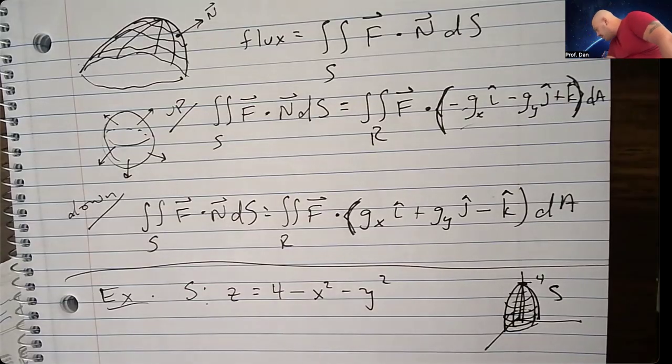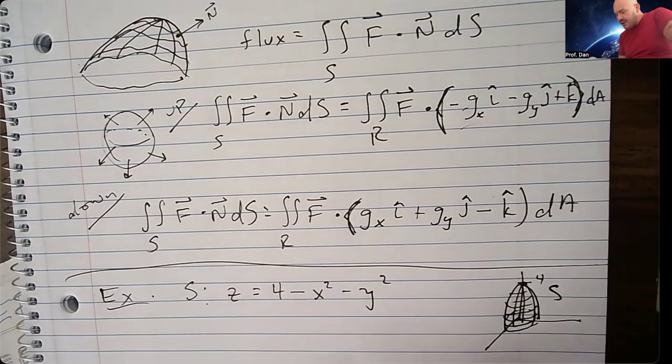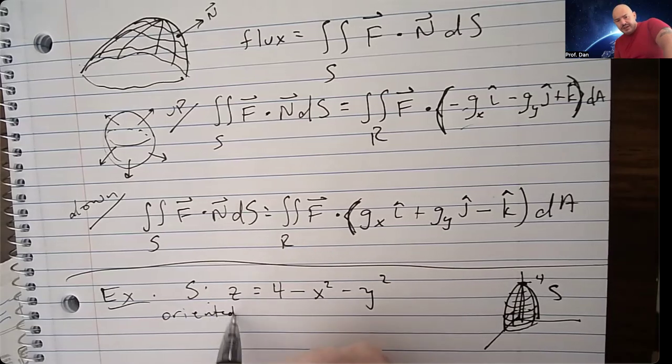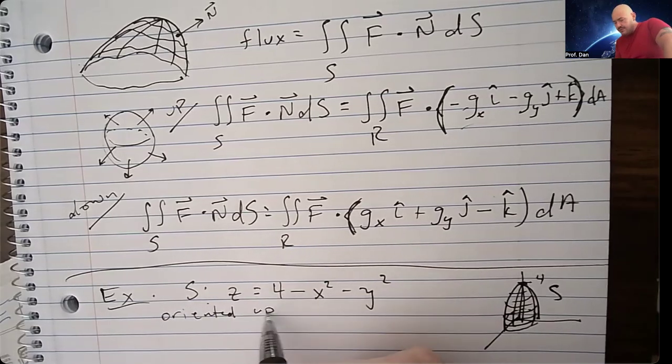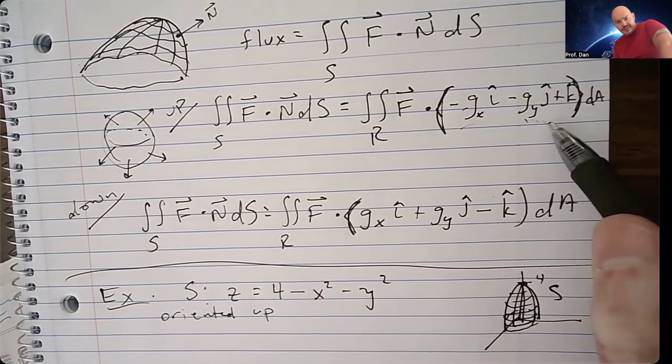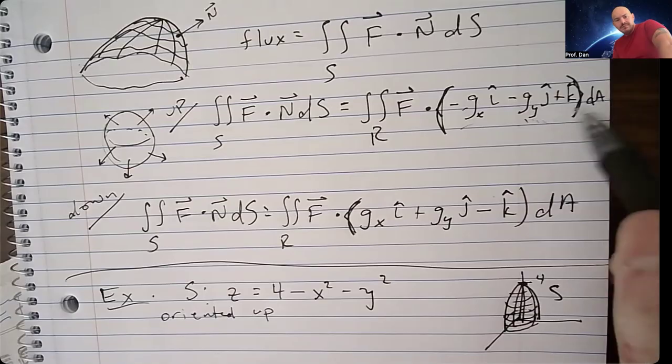All right, we're told that the paraboloid is oriented upward, which we can also see from the graph that we drew, which means that we're using this formula for the flux, right?